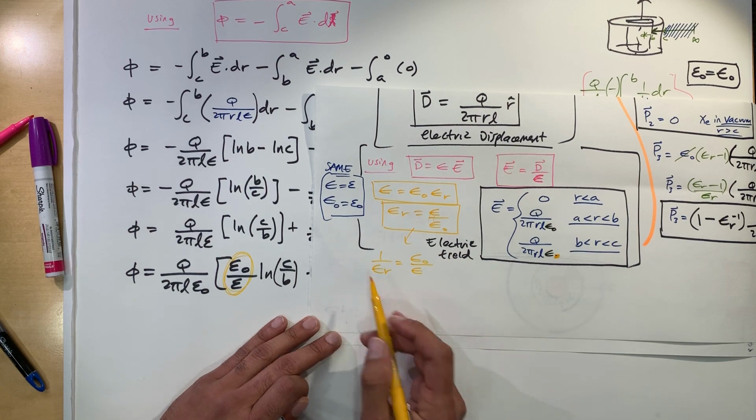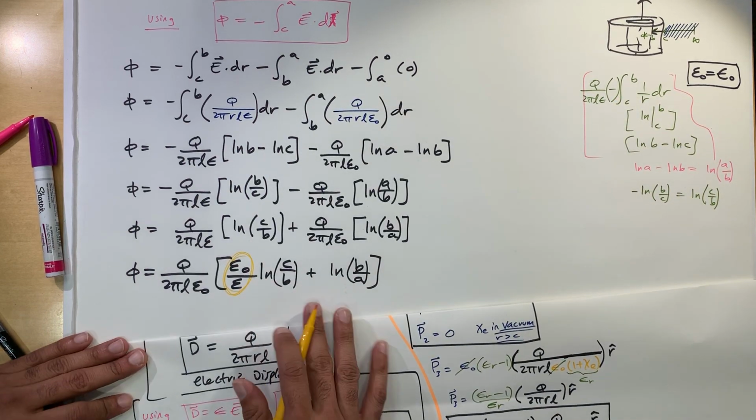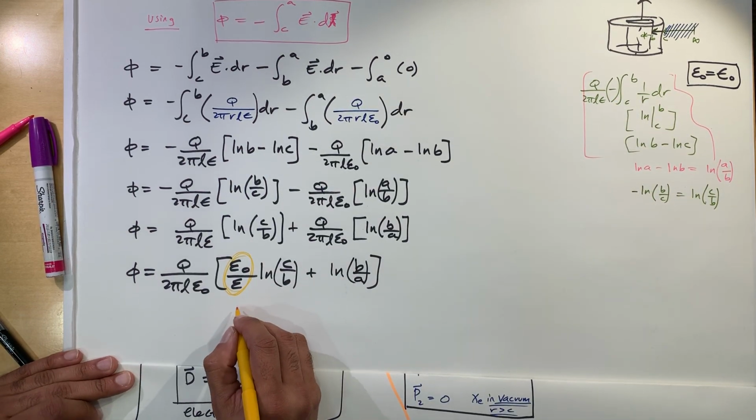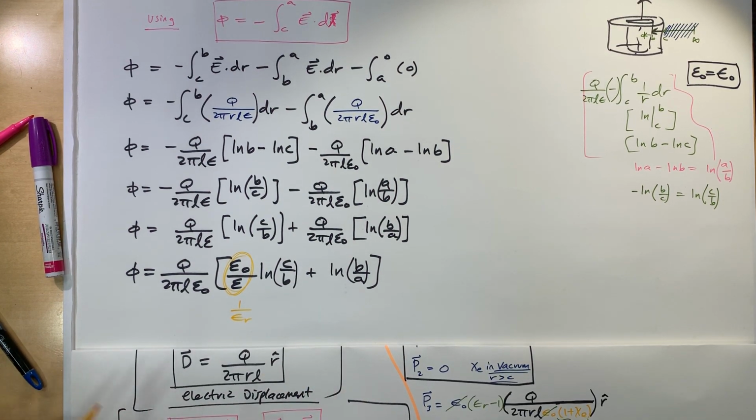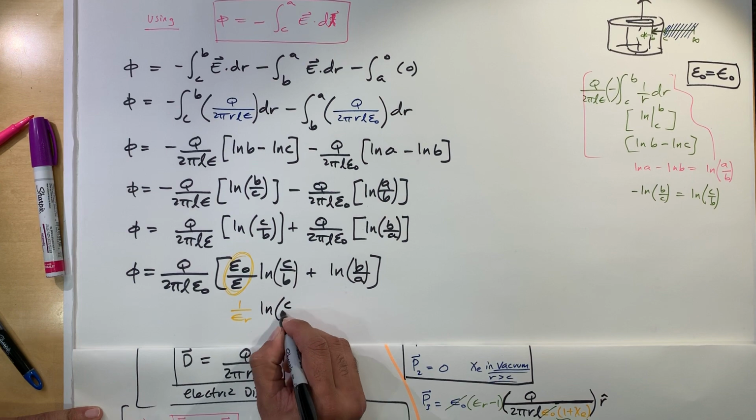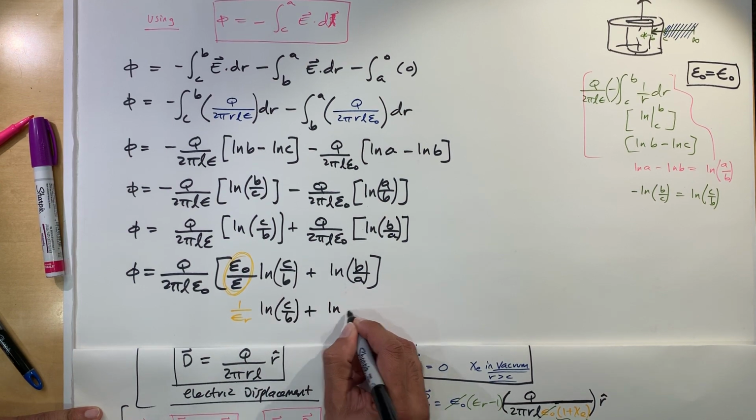So which is what we have here. So let's change this into 1 over epsilon r. Okay, and then we write everything again.